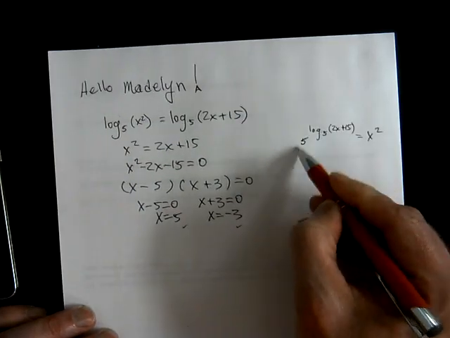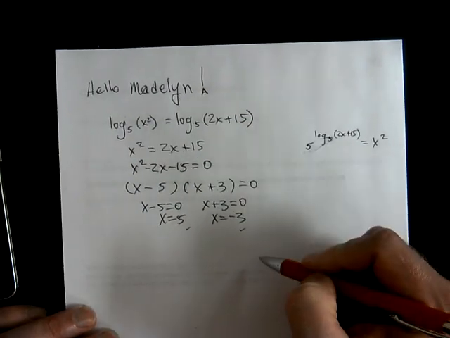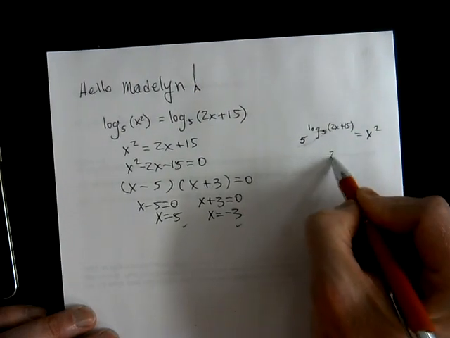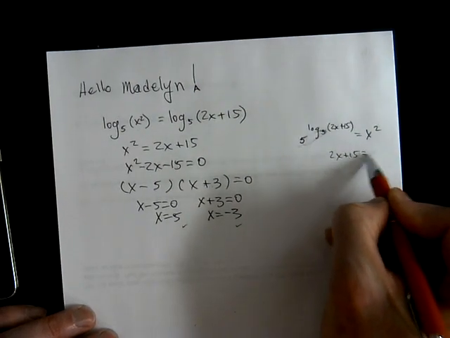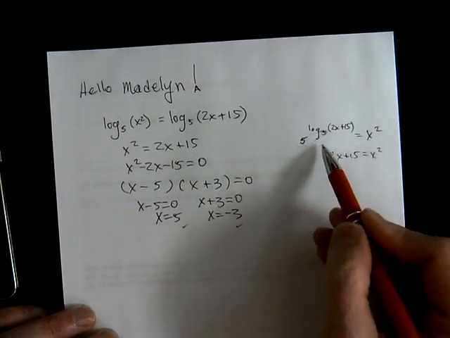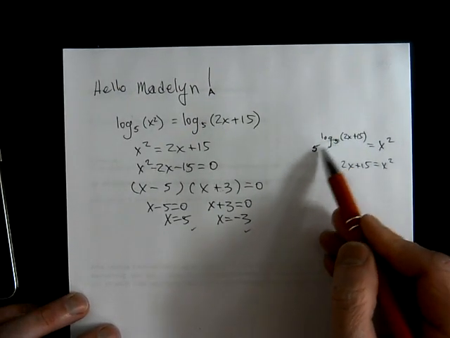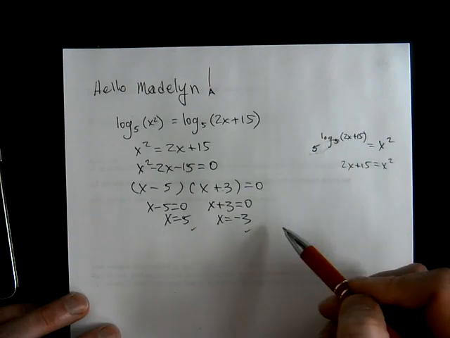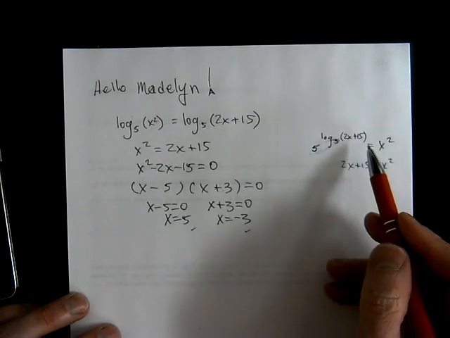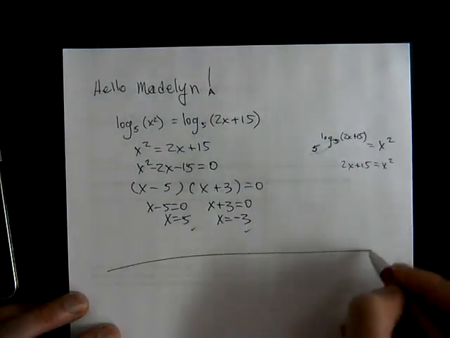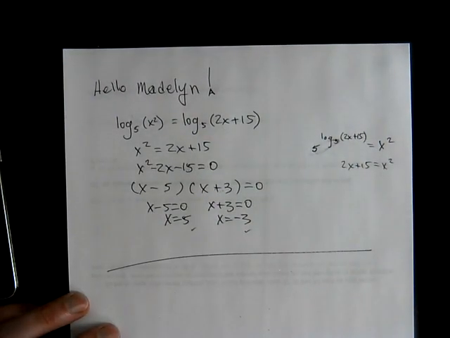And if these bases match, then you have 2x plus 15 equals x squared. That's where you would eliminate or drop the logarithm, because these bases are matching with your exponent. I don't love that explanation, but that's the best I came up with, showing mathematically why it works.